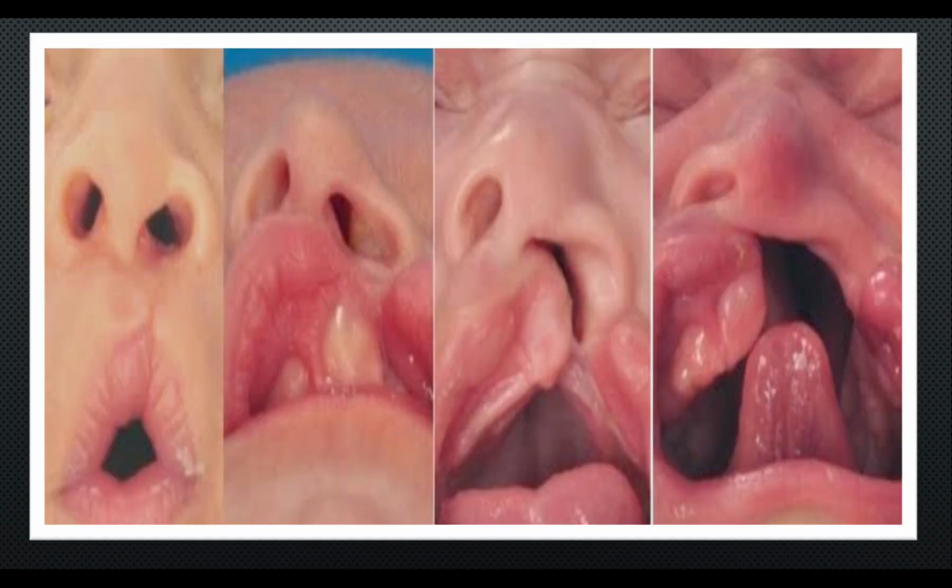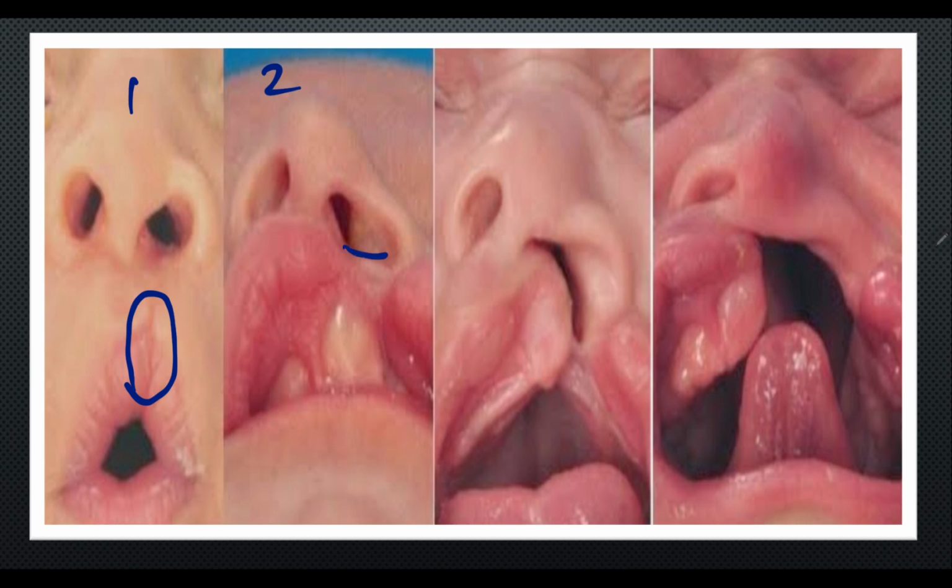To recap, here in the first picture, there is a cleft present, but it is not extending towards the nasal cavity or the nostrils. So it is incomplete, but very small. So this is a microform cleft lip. In the second picture, there is a cleft lip, but the nostrils are intact.